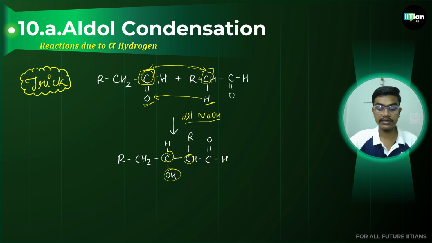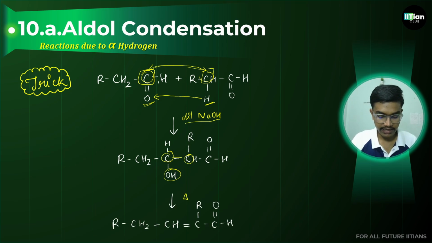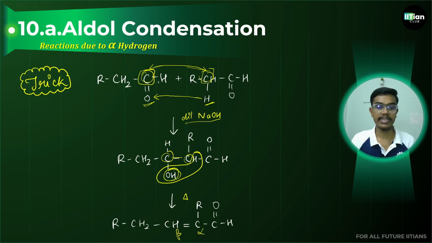And next, when you are heating, this OH and this hydrogen combine and get lost as water, and you have an alpha beta unsaturated aldehyde formed. I hope you got this trick as well.